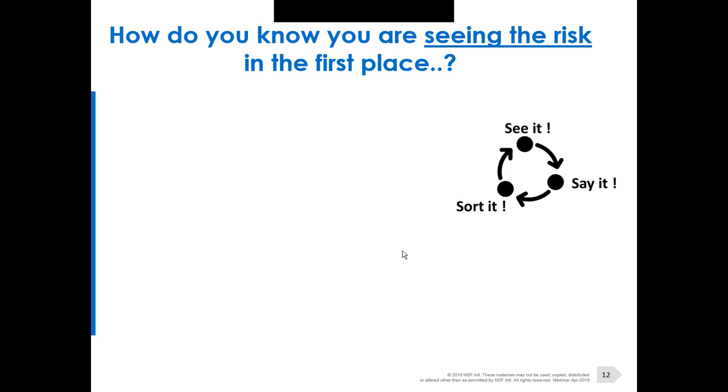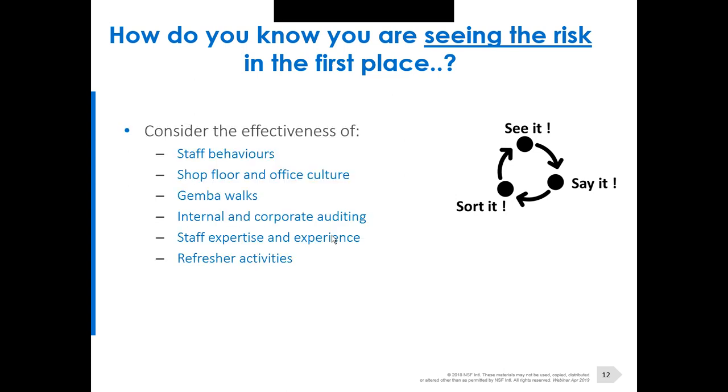So, how do I know that I'm seeing risk in the first place? Well, this is all around these key bullet points here, all around staff behaviours, shop floor work, office culture, spending time on the shop floor, doing your first, second and third tier auditing of your facility and your systems and your people.